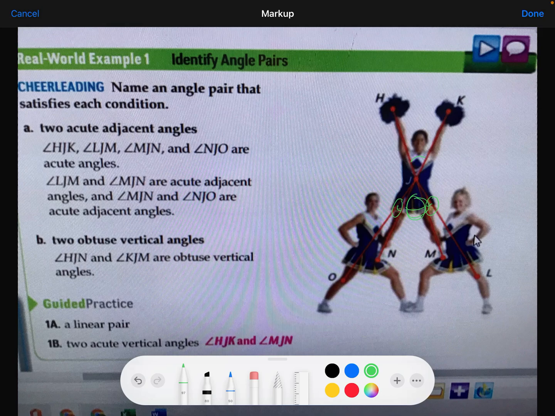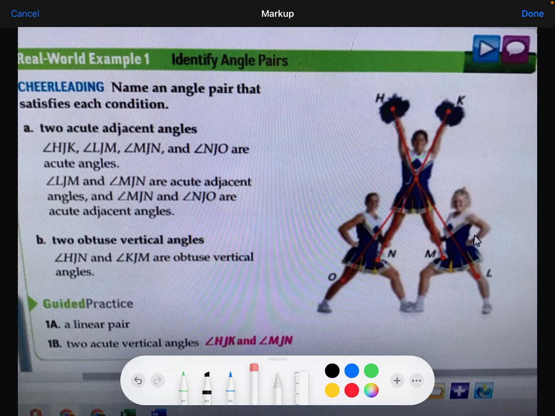The last thing we'll look at is two obtuse vertical angles. Obtuse means greater than 90 degrees. I'm going to erase what we have here. Vertical angles are formed by two intersecting lines.